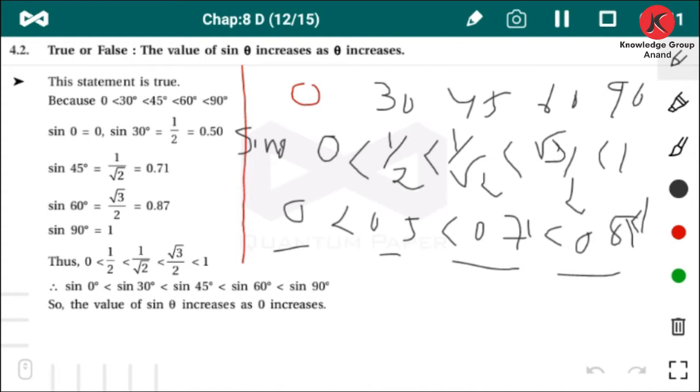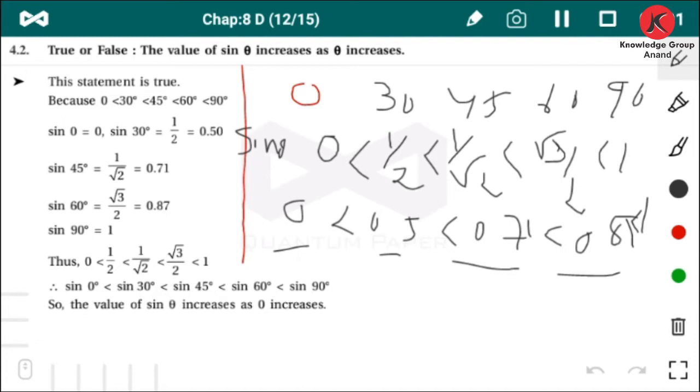Therefore, the value of sin theta increases as theta increases. Therefore, sin 0 is less than sin 30, less than sin 45, less than sin 60, less than sin 90.